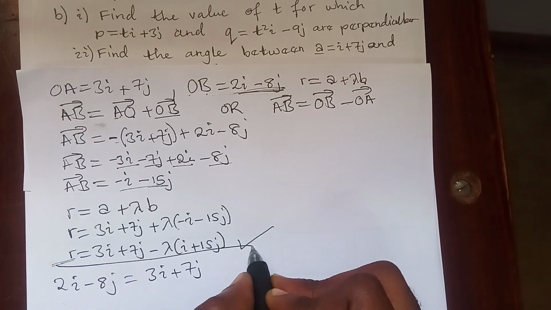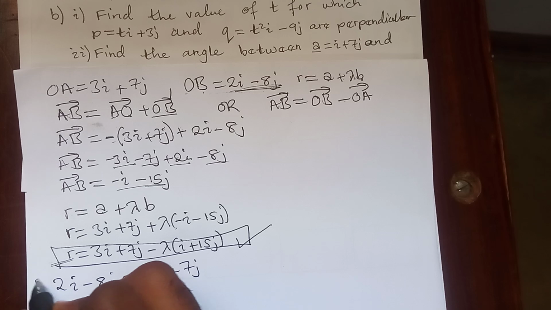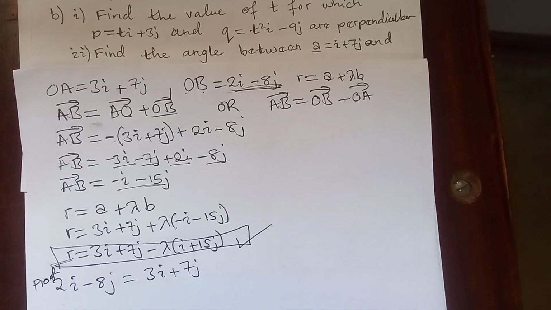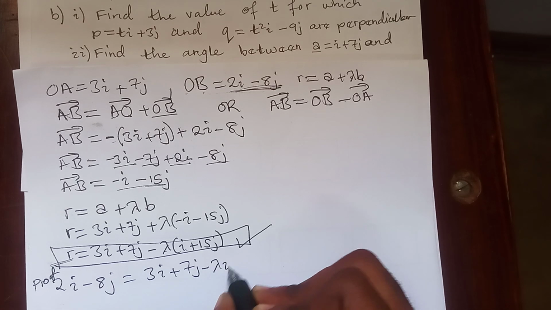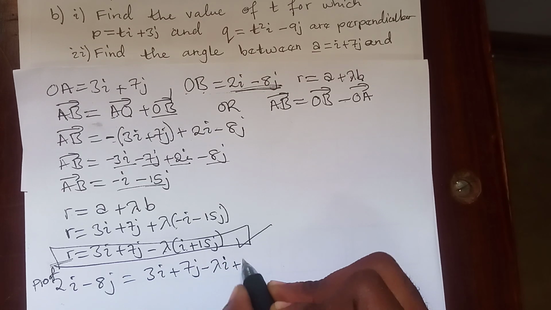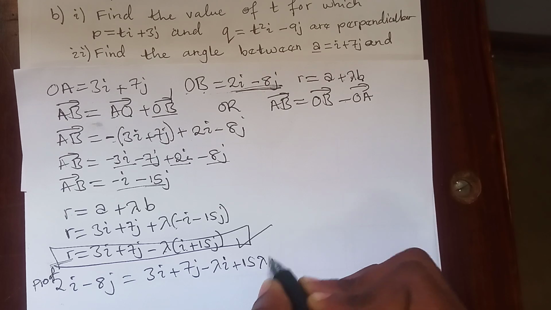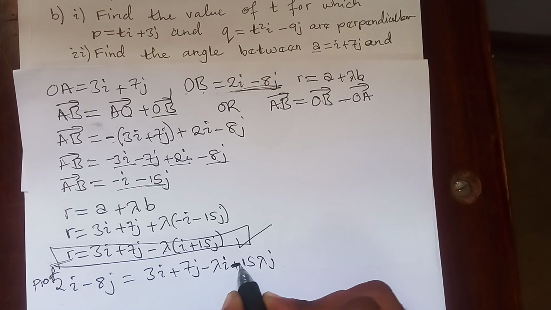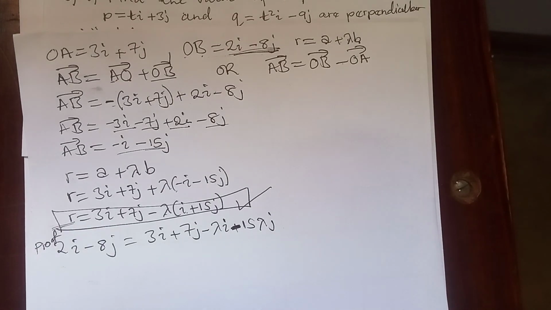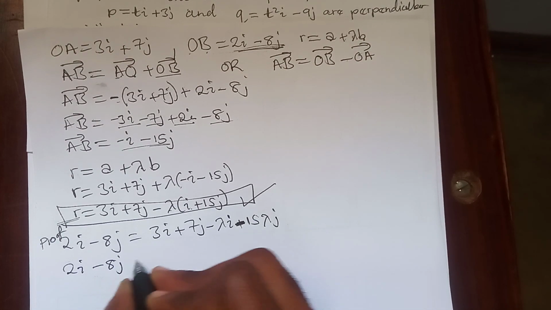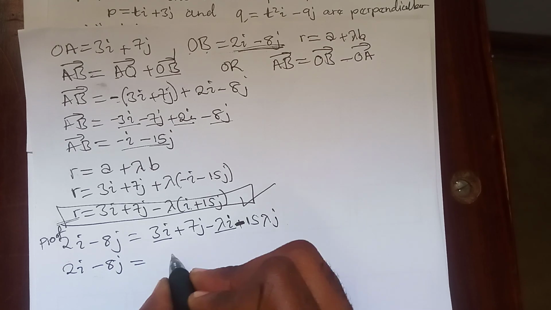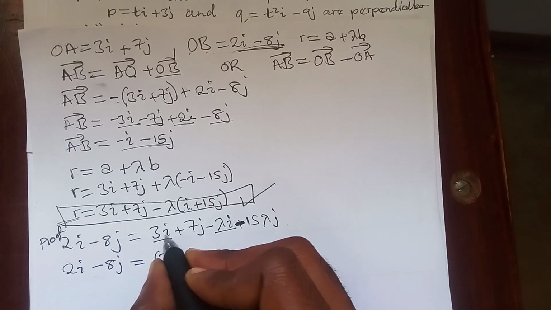You can expand this. By the way, this is the answer. This is just the proof. Then minus, this will be λi, this one will be 15λj. Of course, this will be a minus. Then you can equate the i components with the i components, and the j components with the j components.